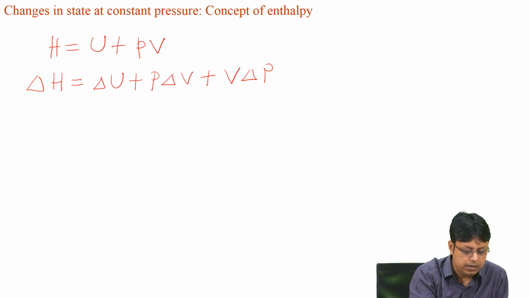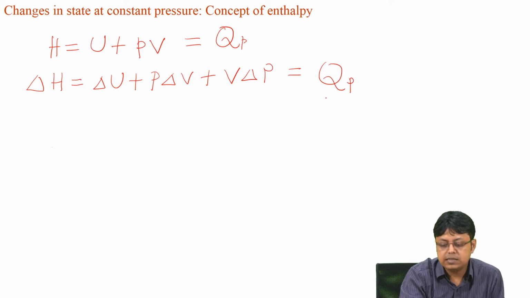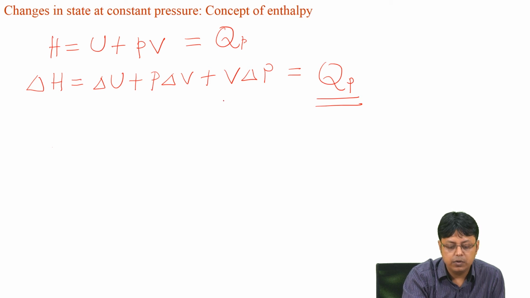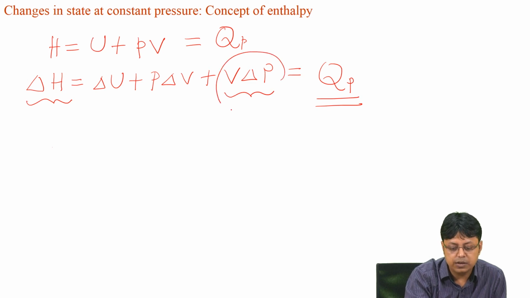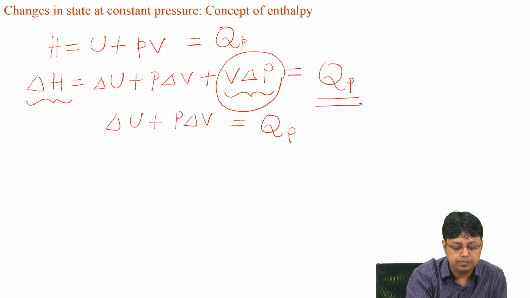Now, remember that this is equivalent to QP, or heat change at constant pressure. Since this is equivalent to heat change at constant pressure, when we write delta H for a constant pressure process, we can actually drop this term. So, we can write delta U plus P delta V is nothing but QP.